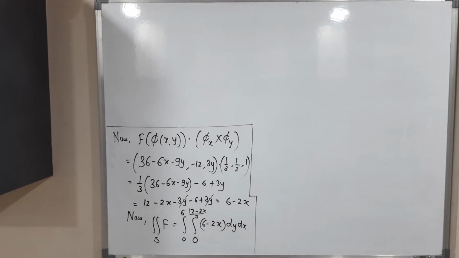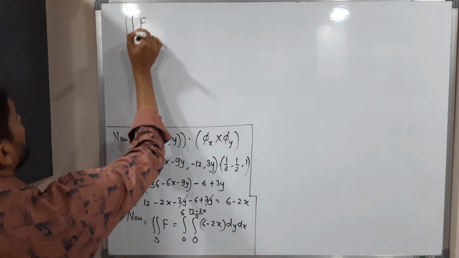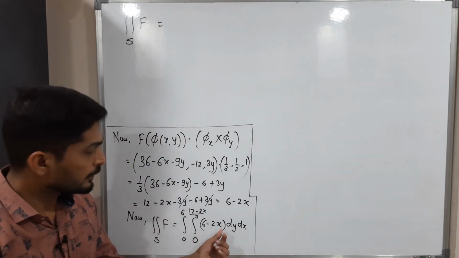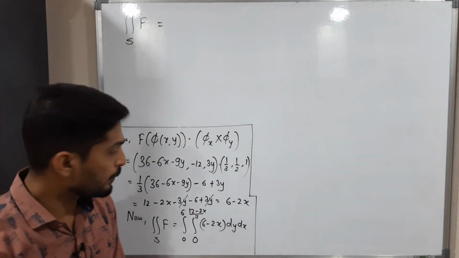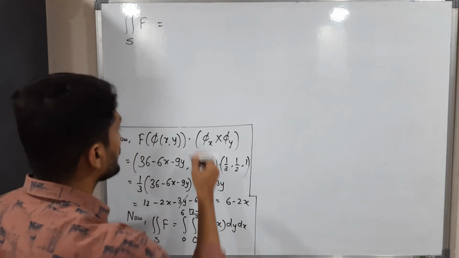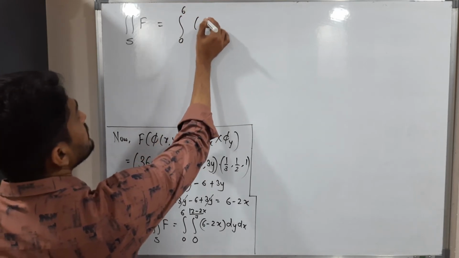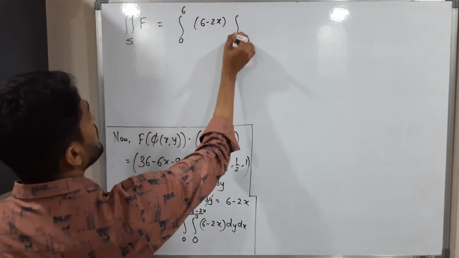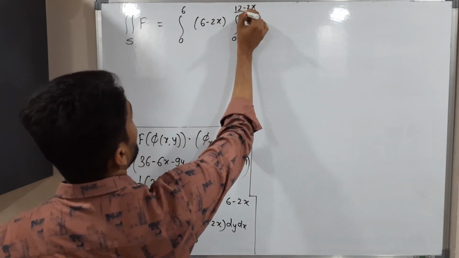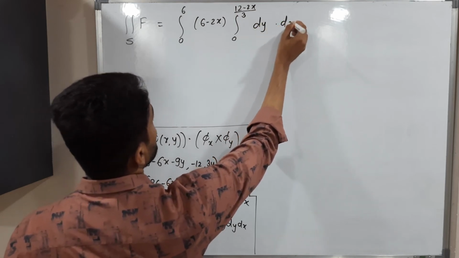So let us simplify it further. So double integration f over s is equal to, see, we are solving this one. First we are integrating with respect to y. So 6 minus 2x is constant, will come outside. So integration 0 to 6, and that 6 minus 2x will come outside. Integration 0 to 12 minus 2x by 3, right? And dy only, and after that dx.